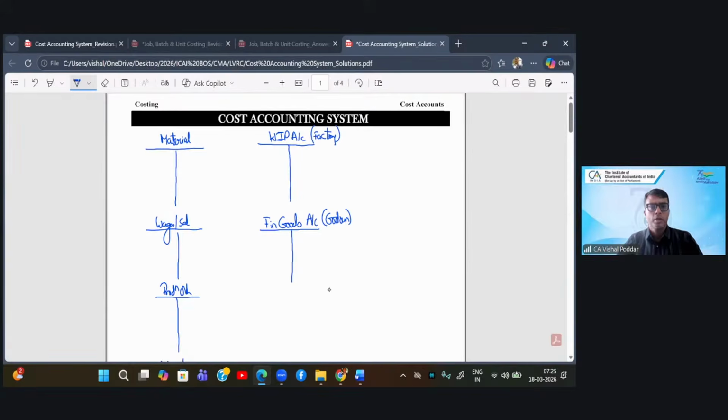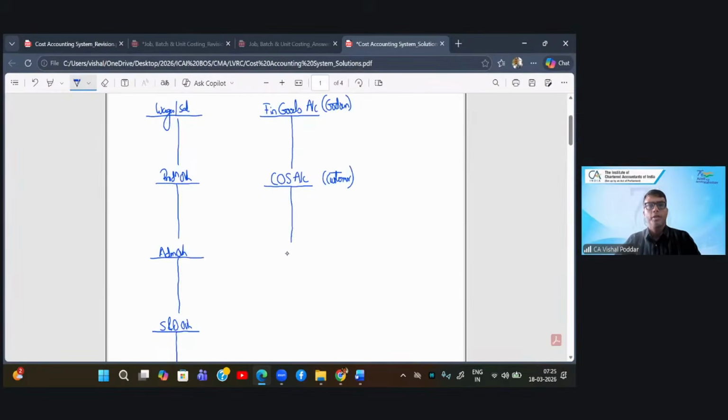To customers. So when these products are sold and they are delivered to the customer, that is shown in your cost of sales account. Correct? And then finally, you have the costing P&L account as your final profit and loss account. Now, students, these are the accounts which are required for passing cost accounting entries.